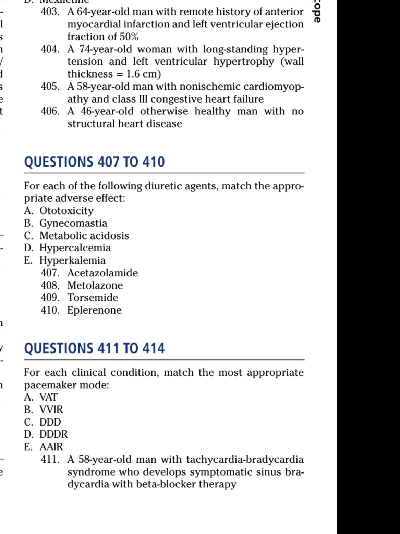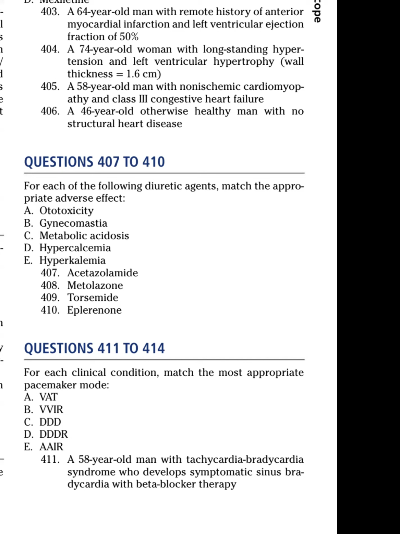From literature I've read, eplerenone causes gynecomastia, but it's not that bad. Most patients that are on Aldactone, that's spironolactone, once they start complaining of gynecomastia, we switch them to eplerenone.